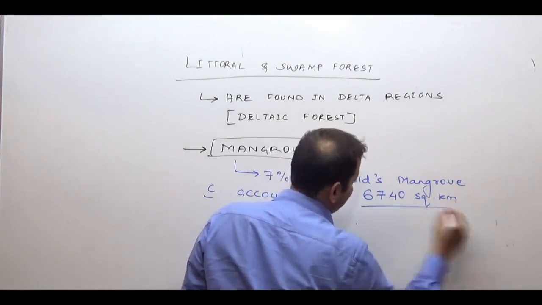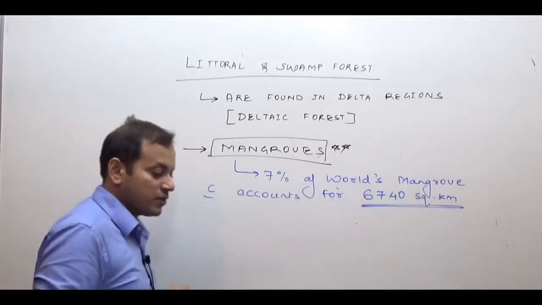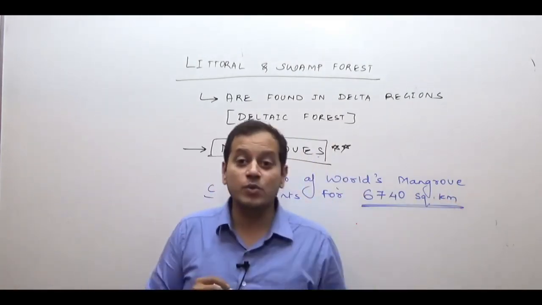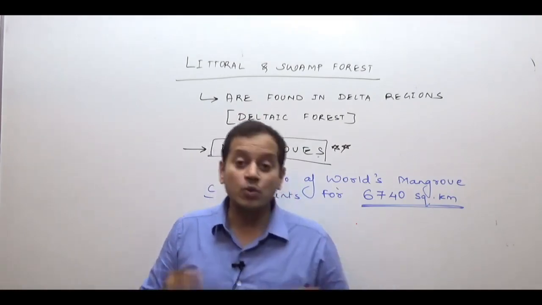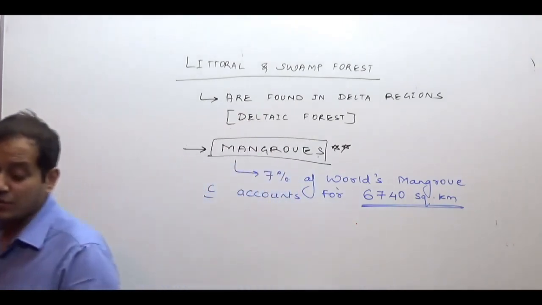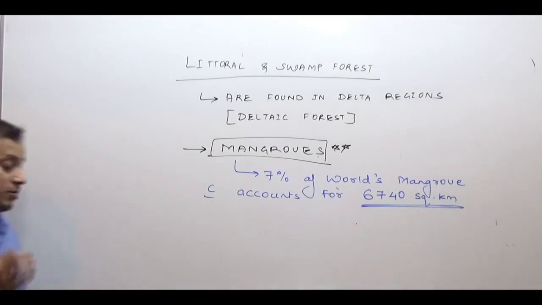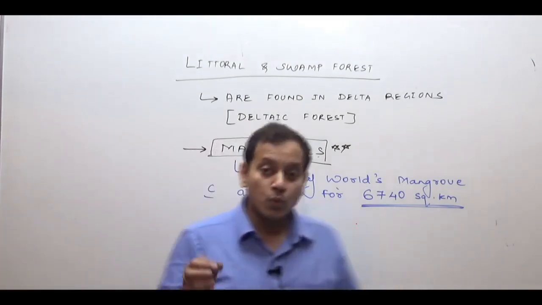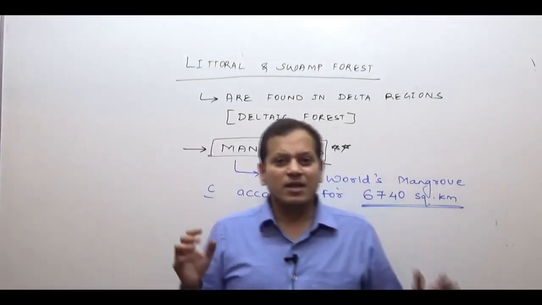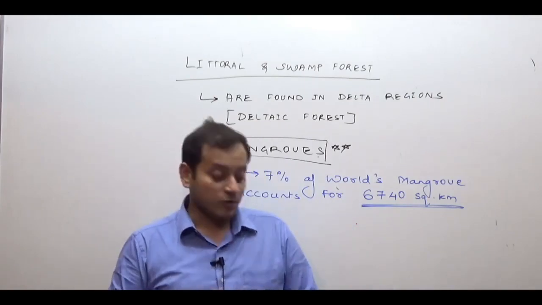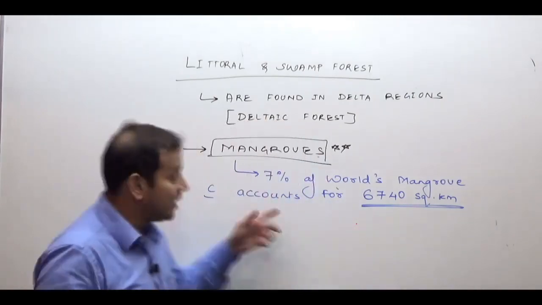So remember, in India we have 6,740 square kilometers of mangrove vegetation, which is 7% of the world's mangrove vegetation. Where? In the delta regions.